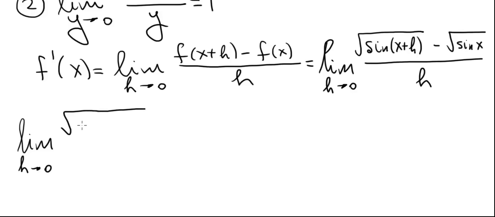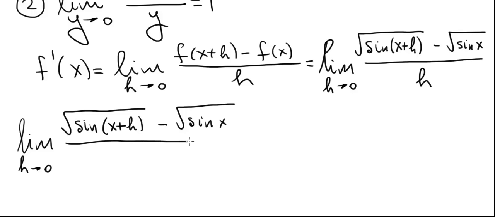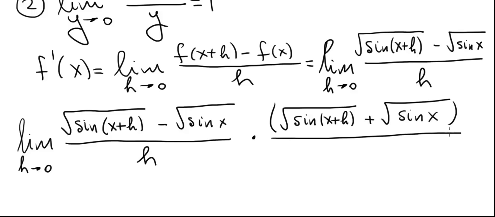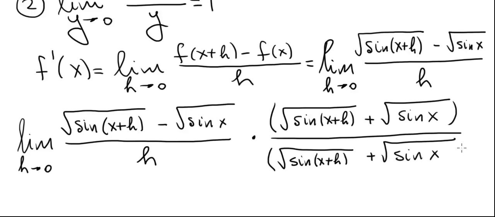Here's our original limit: the square root of sine of x plus h minus the square root of sine of x, divided by h, and we'll multiply this by the square root of sine of x plus h plus the square root of sine of x, divided by the very same thing, the square root of sine of x plus h plus the square root of sine of x.